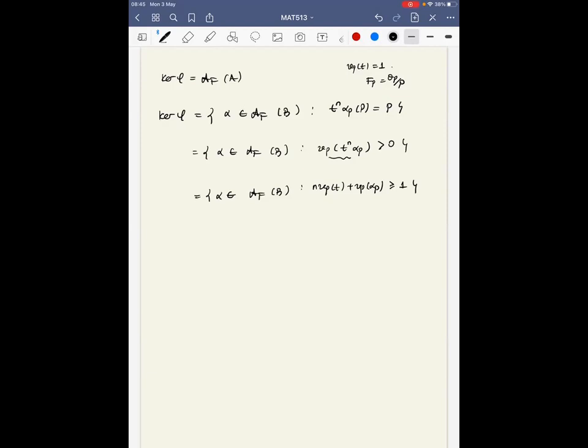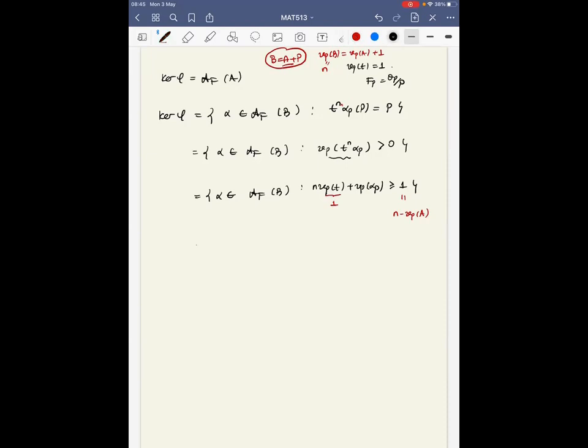And please note that we are still in the setting where A and B are of this form. So VP of B is VP of A plus 1, and we fix VP of B as n. This is going to be the same n. And we can write 1 as n minus VP of A in this case.